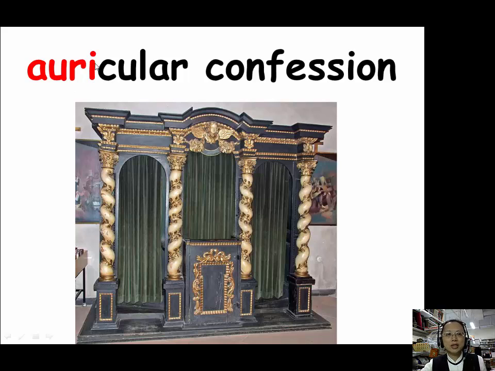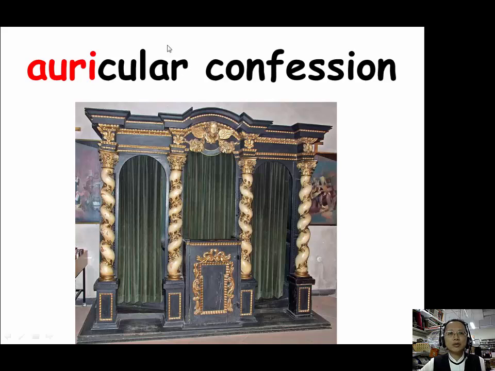For AURI, our example is auricular confession. Auricular confession is the traditional style of confessional, which allows the priest sitting in the middle to hear people on the alternating side, either this side or that side in the church, because the priest cannot see those people who come to give confession.